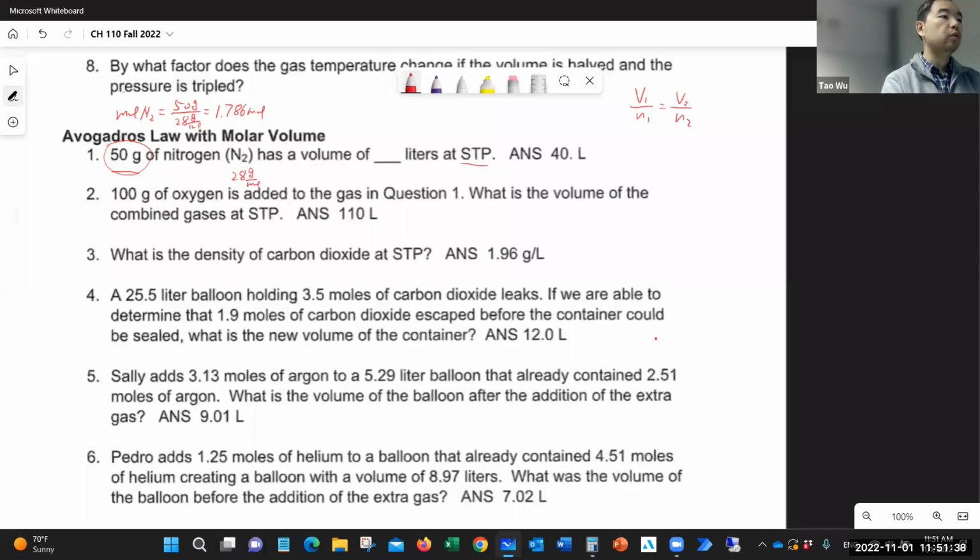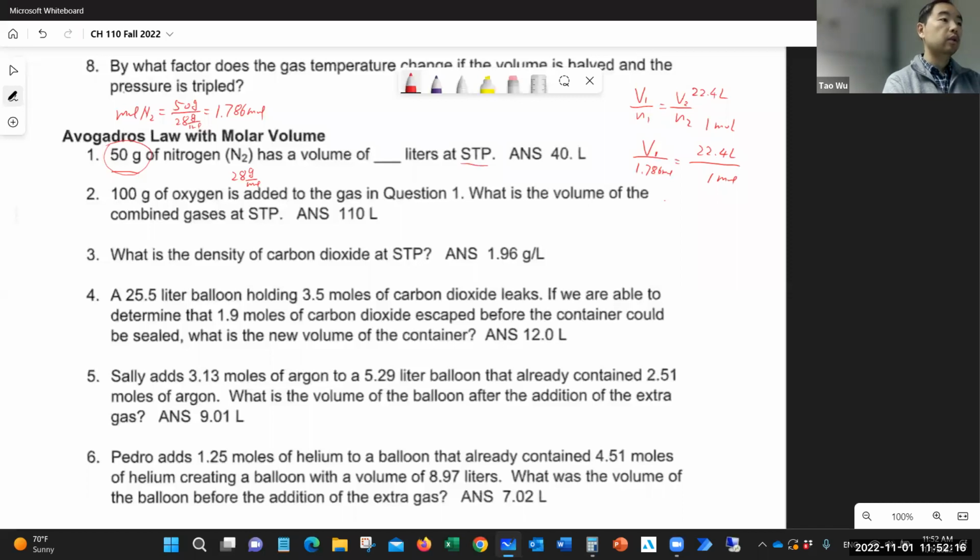V1 is 22.4 liter per 1 mole of the gas, and then V2 is what you're looking for. The V2 versus the moles of gas, 1.786 moles, should be equal to 22.4 liter over 1 mole of the gas. That makes sense, right? Volume over mole should be this volume over mole.